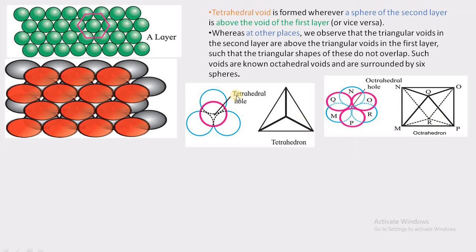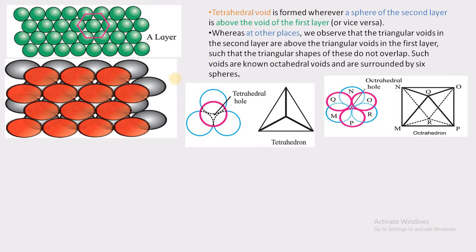That means if we place the second layer on the first layer of AB type of arrangement, the first layer is known as A layer and the second layer is known as B layer, and we see that two types of voids are formed. Now in the three-dimensional structure we have to add another layer.